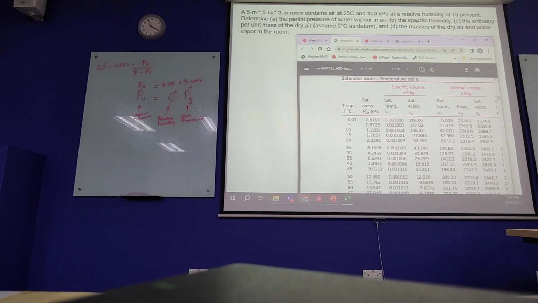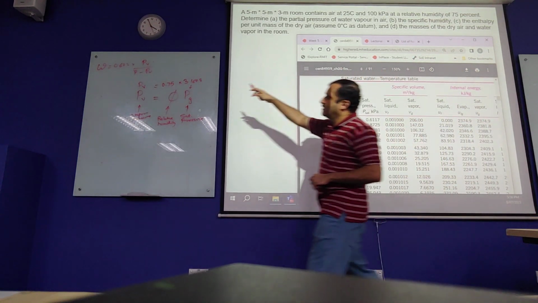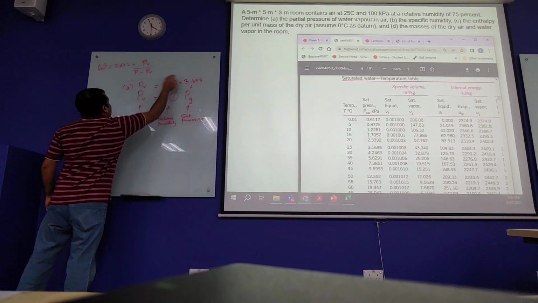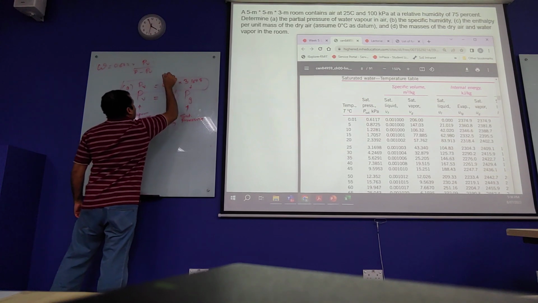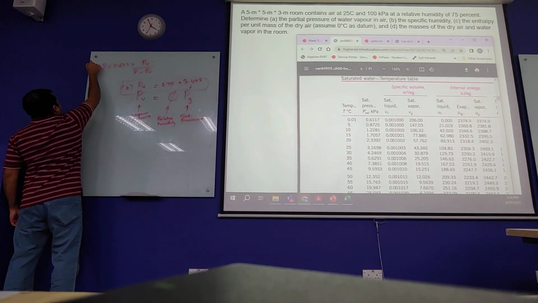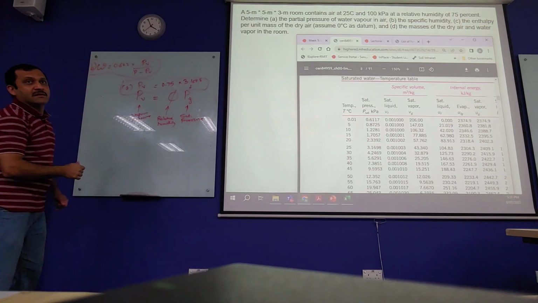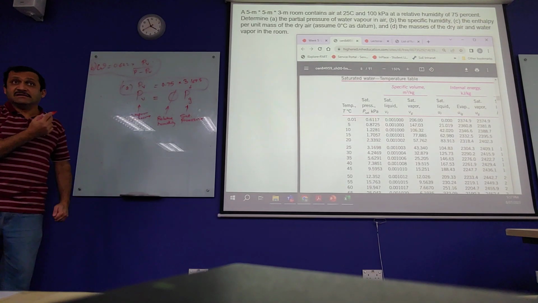Then specific humidity. We find specific humidity, which is part B of the question. From there, so that's A. That's B. Is that clear?